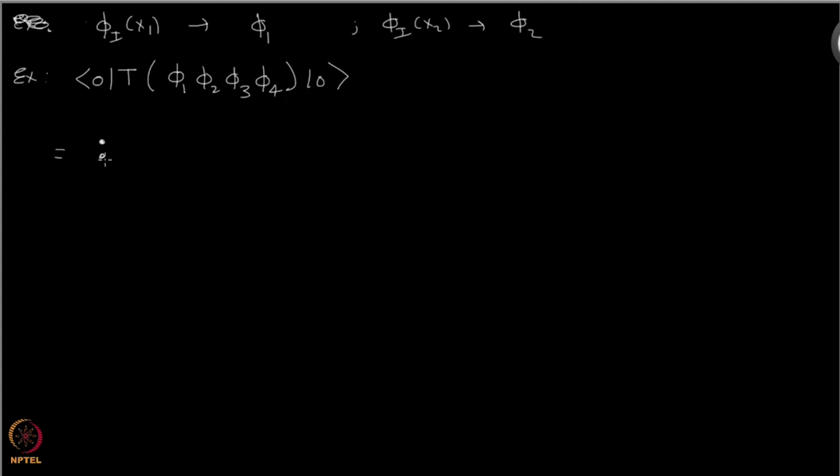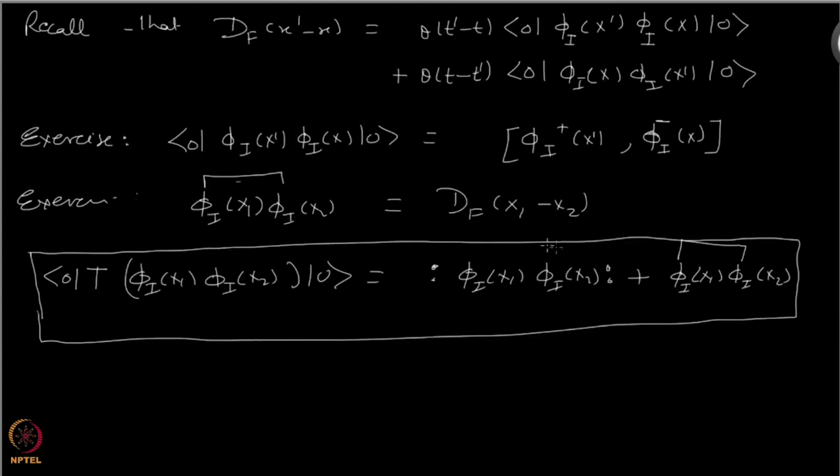There will be normal ordering involved. So you have phi 1, phi 2, phi 3, phi 4. That's the equivalent of what you got here. You got just these two. In fact, this result I can write like this.